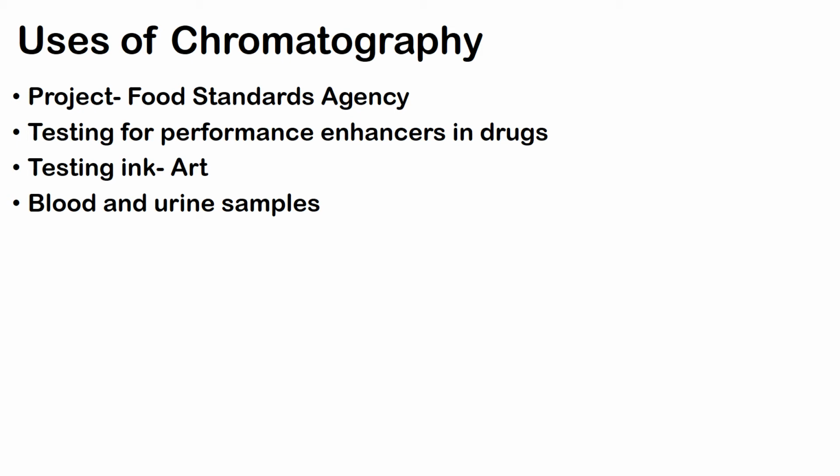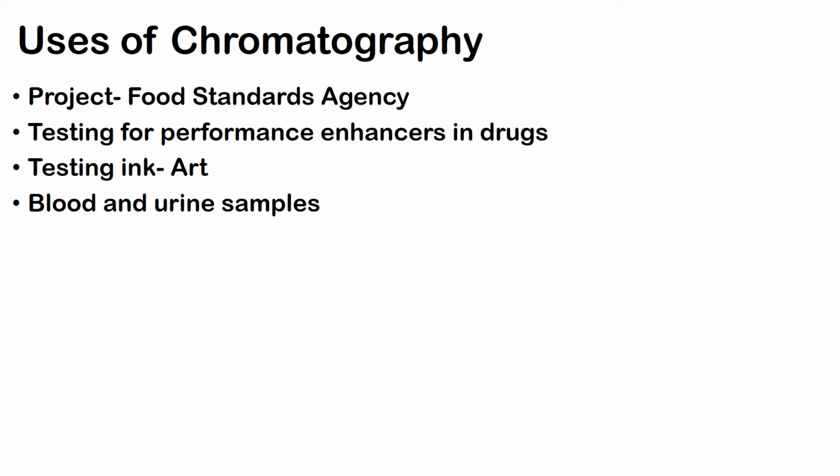Okay, so uses of chromatography, what do we use this for in real life? Well, if you think about the questions that are raised in your project, a major use of this is through the Food Standards Agency. Now, the job of the Food Standards Agency in this country is to make sure that food is safe for us to eat. So there's certain additives and certain colorants in foods that are banned, and they're banned for a very good reason.